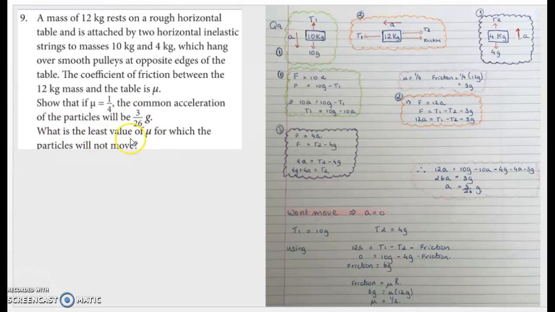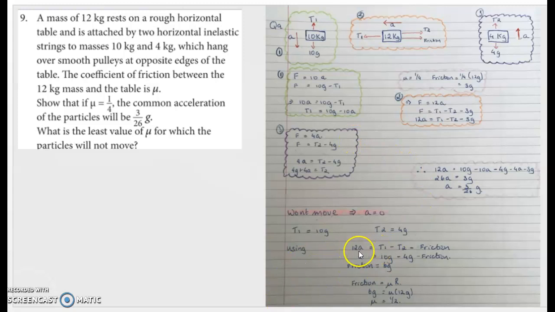The least value of mu for which the particles do not move. Okay, when they're not moving, the acceleration is going to be 0. So we're going to go back up in here, and here the acceleration is going to be 0, and here the acceleration is going to be 0, and here it's going to make no difference.